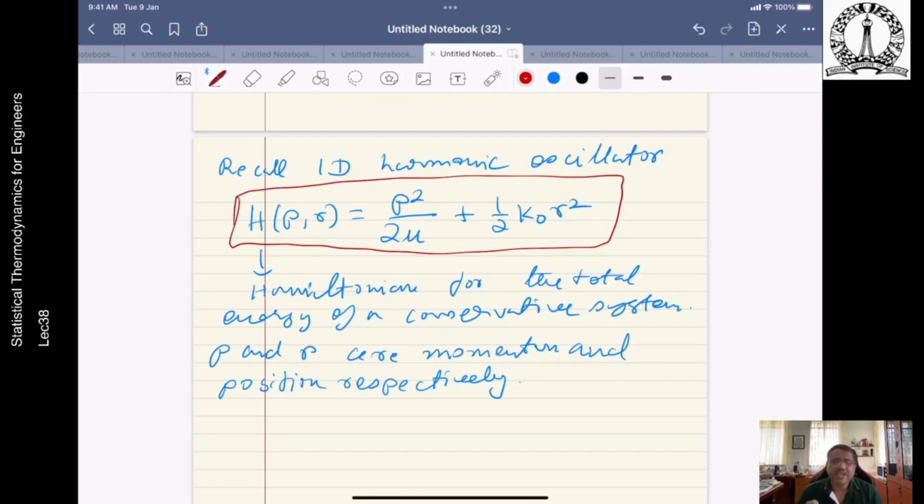It mandates that each degree of freedom requires a position and momentum coordinate. In fact, the central importance of momentum and position in classical mechanics is manifested by the phase space diagram. So the phase space diagram will be something like this. You have the momentum and the position, and you can represent different values of the energy.